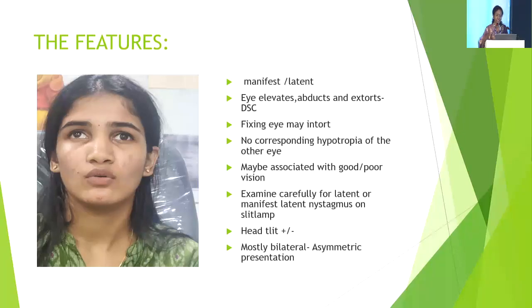You have to examine carefully for the presence of latent or manifest latent nystagmus. There could be a head tilt sometimes, usually on the side of the DVD eye, and most probably it's a bilateral disorder, but with an asymmetric presentation. So you need to unmask this asymmetric presentation.